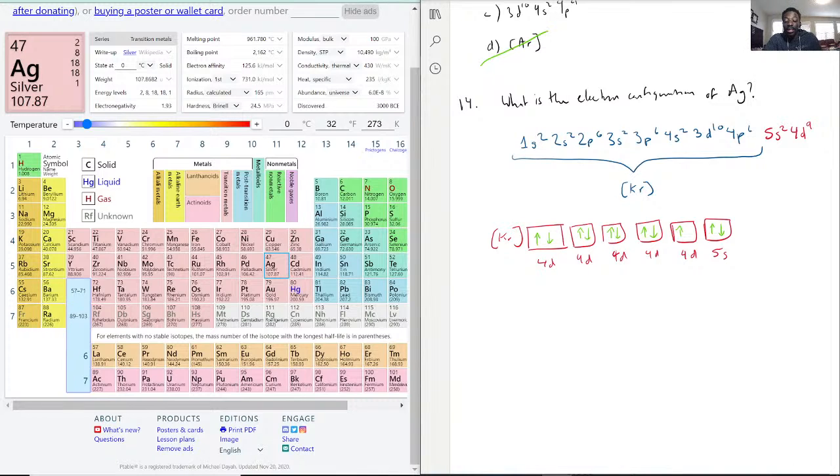So the reason why I drew it like that is because this is one of the elements that follows an exception, where, as you can see here, it could keep its 5s filled, or it could actually fill its D subshell, which it would actually prefer, because there is quite an energy level difference.